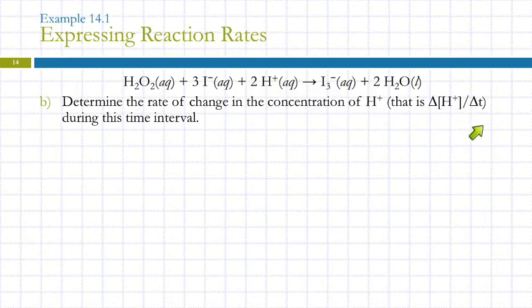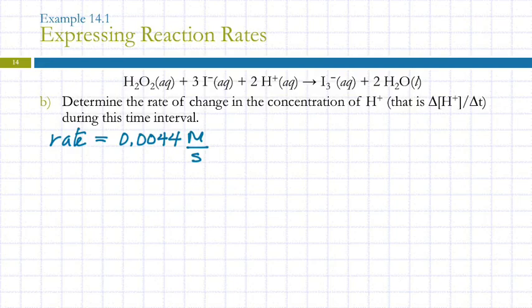So we just figured out that the rate of this reaction is 0.0044 molarity per second. That's the rate of the reaction. We found that by defining the rate in terms of the I minus concentration change, but we can use this to find the rate of change of all the other species over this time interval.